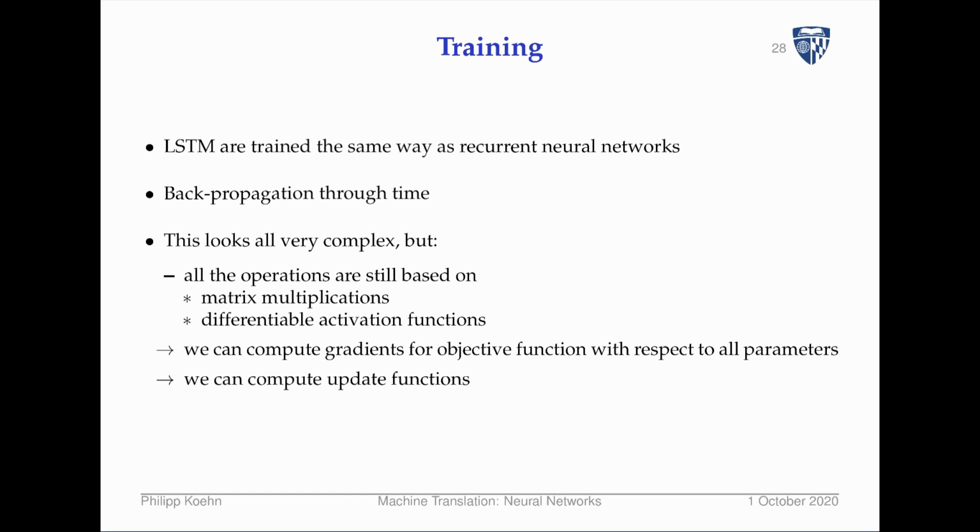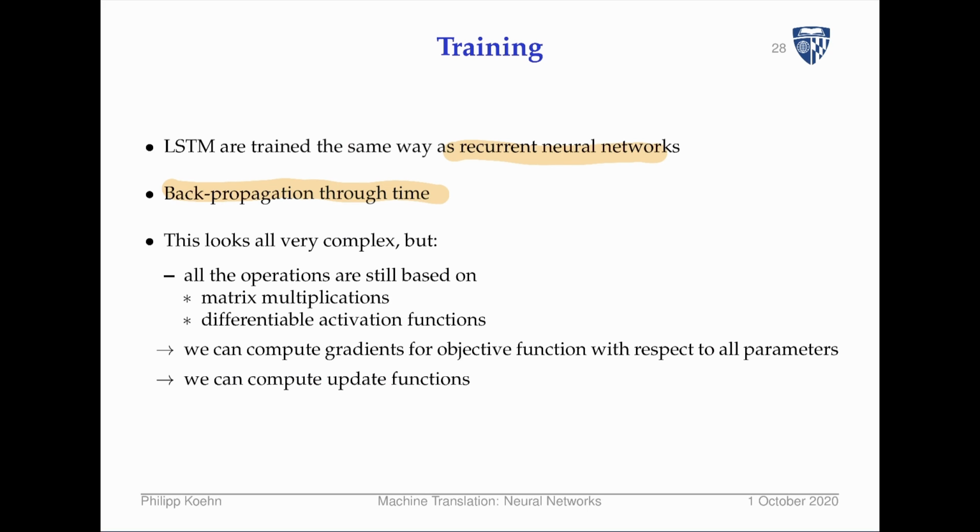So how do we train these things? So this is just a more complicated computation graph. And we're going to do the same thing we do as we always do. So they're trained the same way as recurrent neural networks. So they have the same issue of how to deal with backpropagation over dynamically sized computation graphs. But we talked about this, backpropagation through time. So this all looks rather complicated at this point.